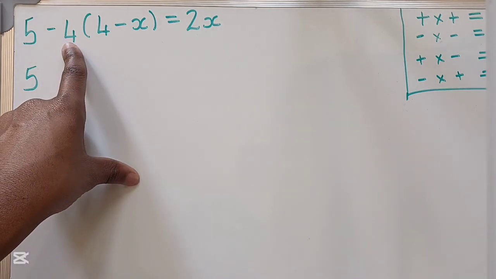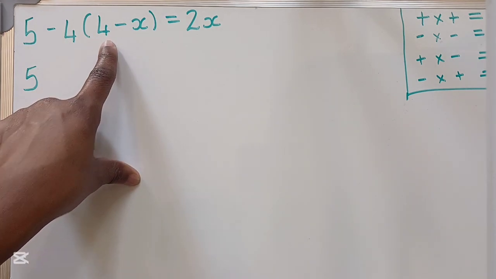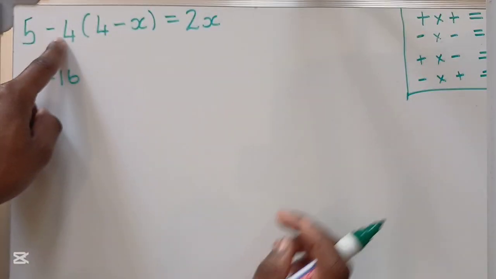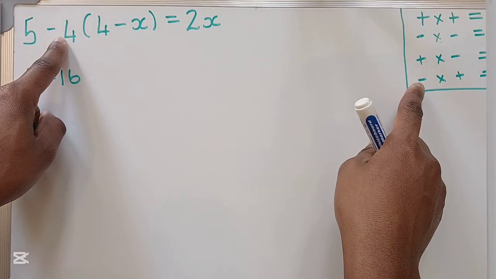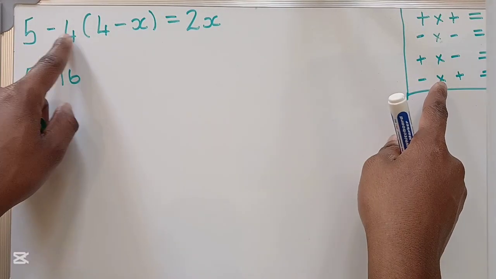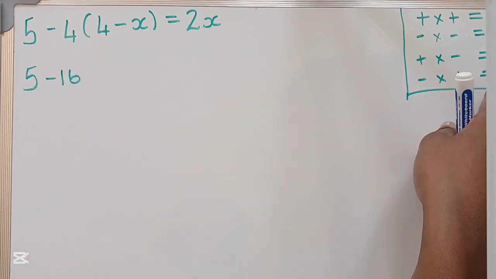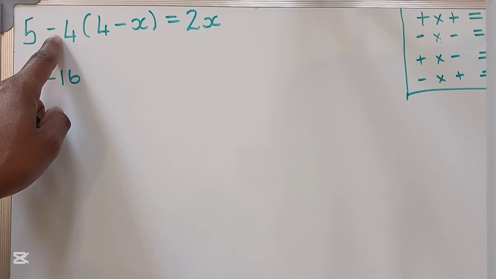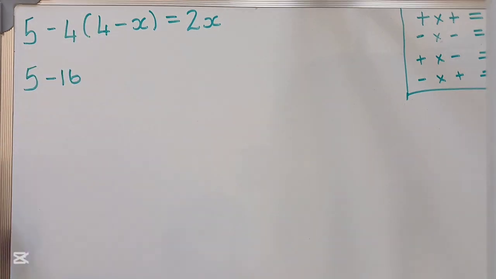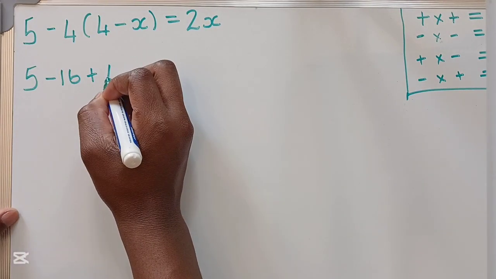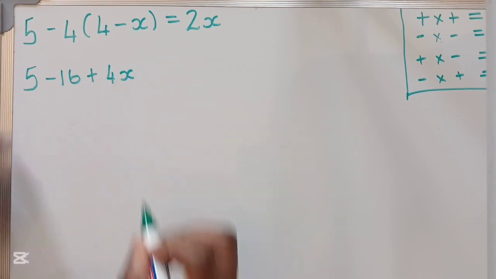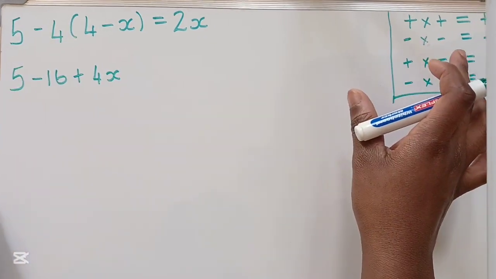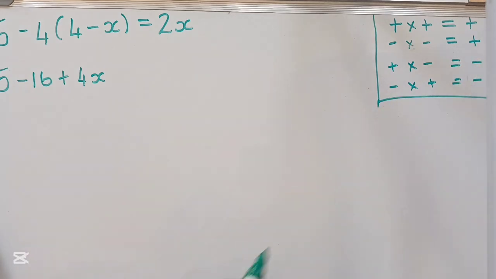Negative 4 times 4 will give you negative 16, because a negative value times a positive value will give you a negative result. That's why I got negative 16. Negative 4 times negative x will give you positive 4x, because a negative value times a negative value will give you a positive result.